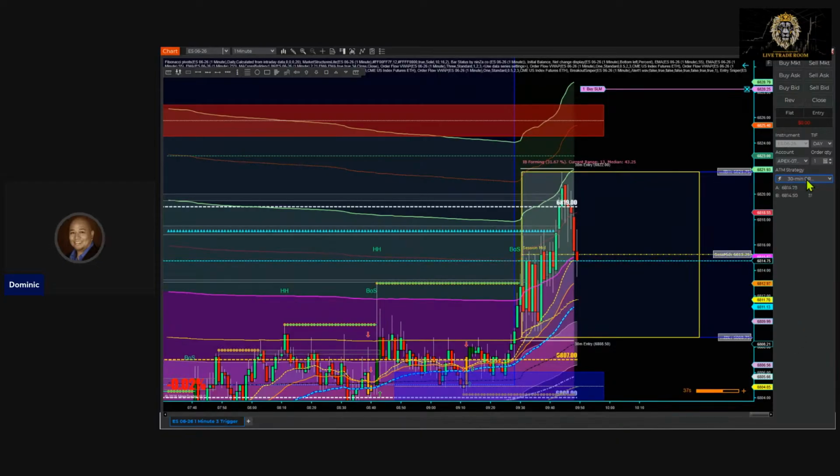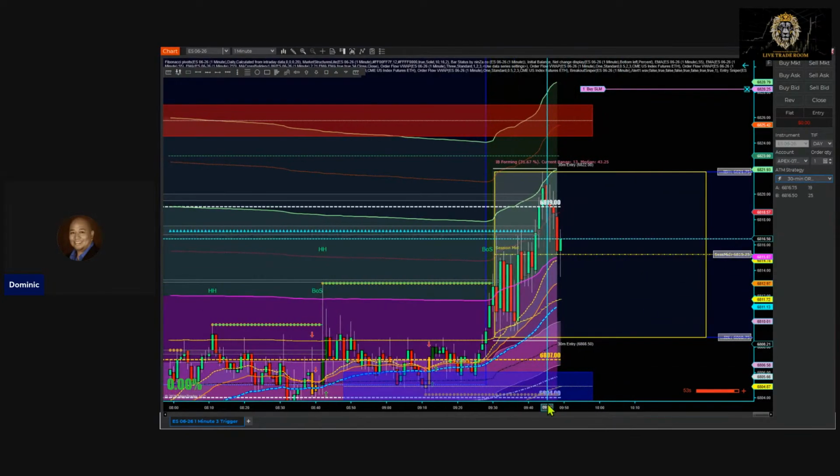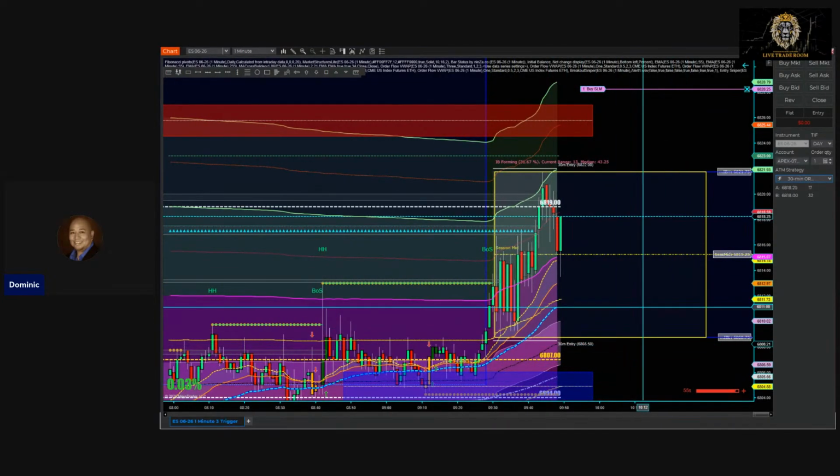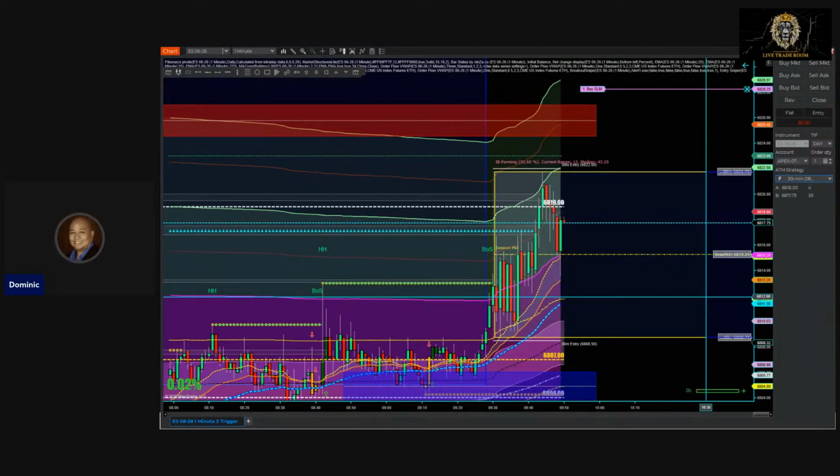This isn't a 50K account, so probably go one E-mini. So here, that's a pullback, you see. Okay, we got 9:48, close to 11 minutes left.